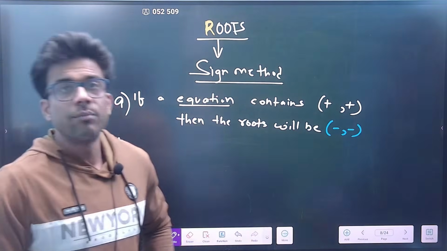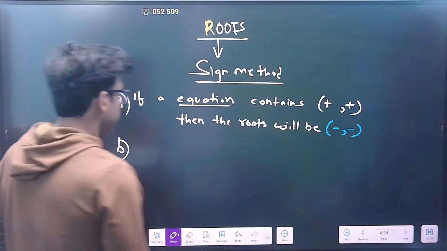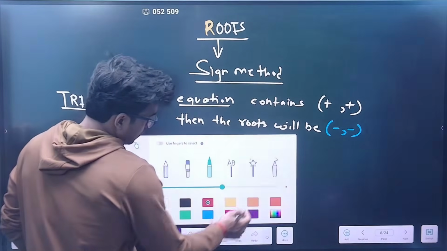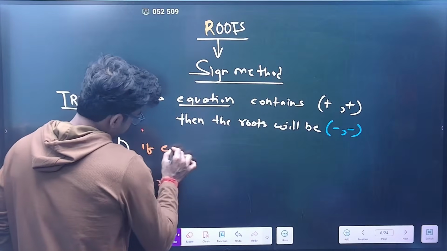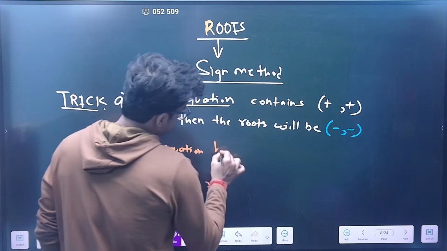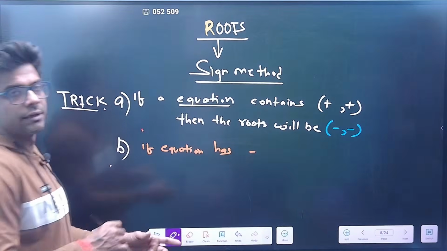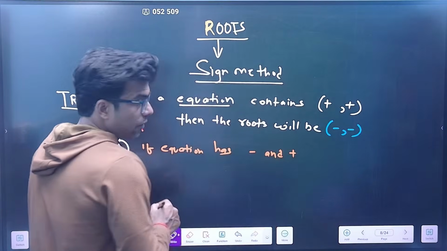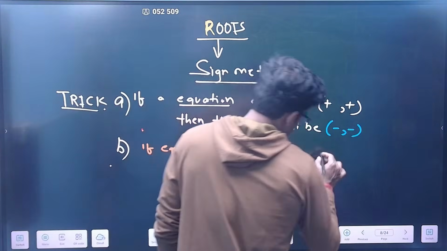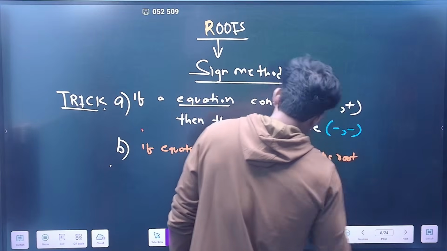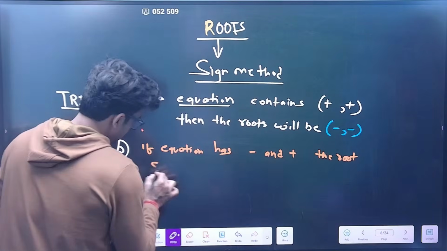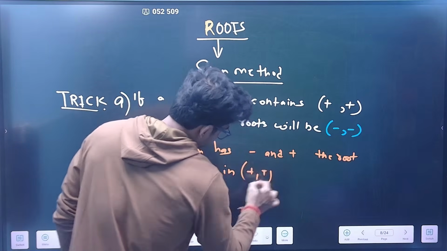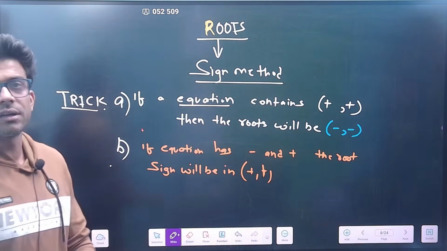If the equation has a first negative and second positive sign, then always remember the root sign would be positive. Nobody understands this easily, but I'll make you understand what I'm saying.